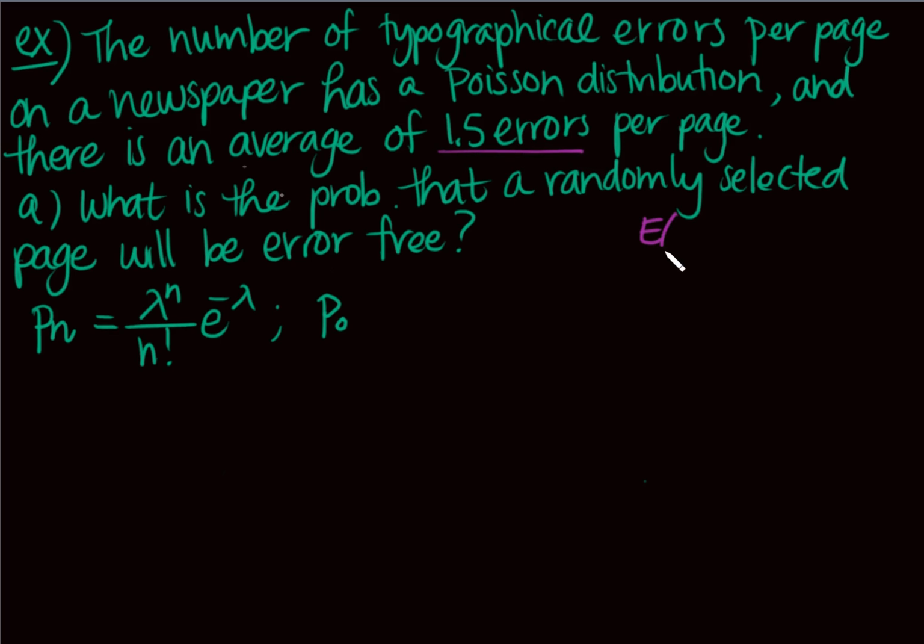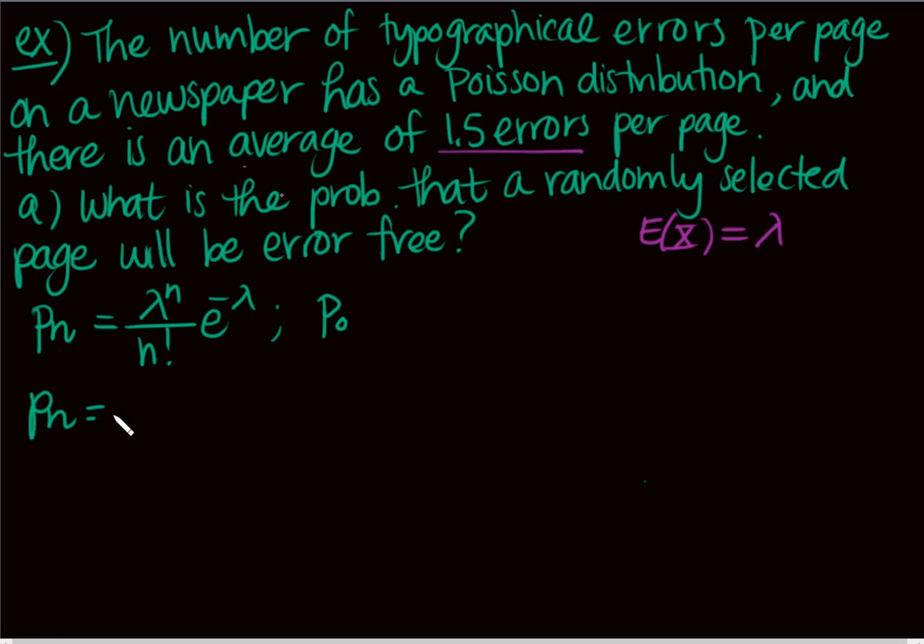Remember, the expected value of a Poisson distributed random variable is equal to that parameter lambda. So in this problem I'm going to have 1.5 to the n over n factorial e to the negative 1.5.